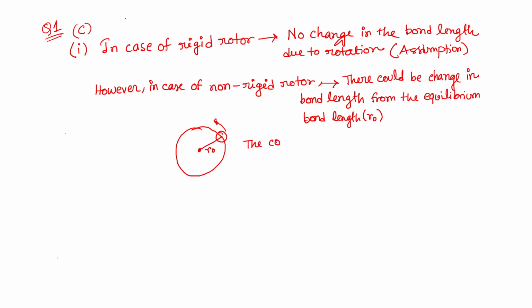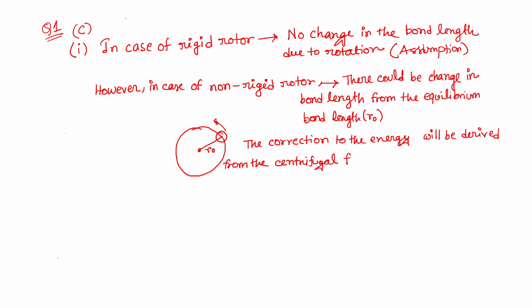So that centrifugal force, actually this correction. So the correction to the energy will be derived from the centrifugal force acting on the mass, and it will actually balance this change.